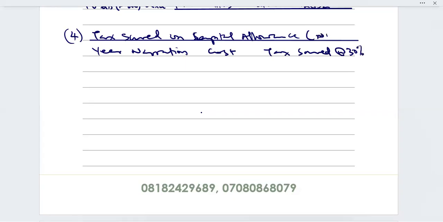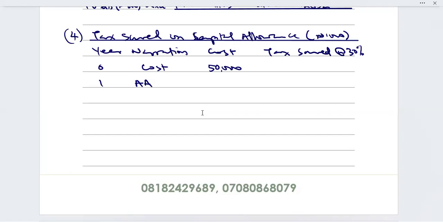Figures are in thousands. So in year 0, the cost of the asset is 50 million. Figures are in thousands. In year 1, the company will claim both initial allowance and annual allowance. But in this question, we don't have initial allowance, so you can claim annual allowance.